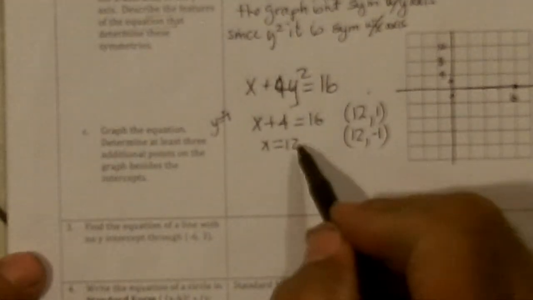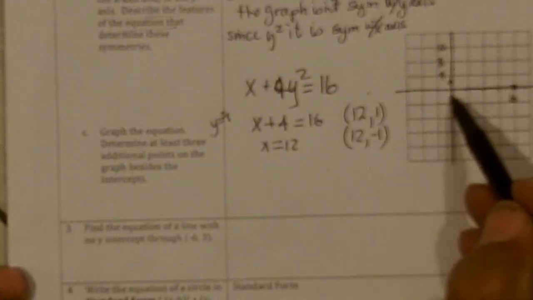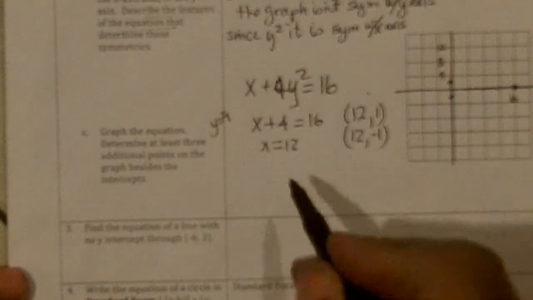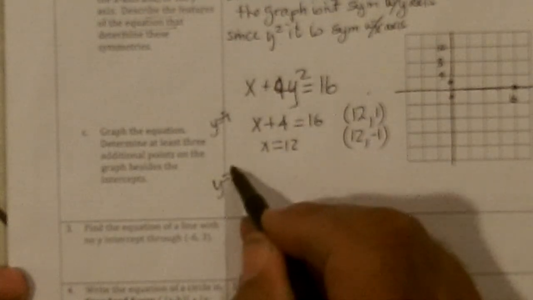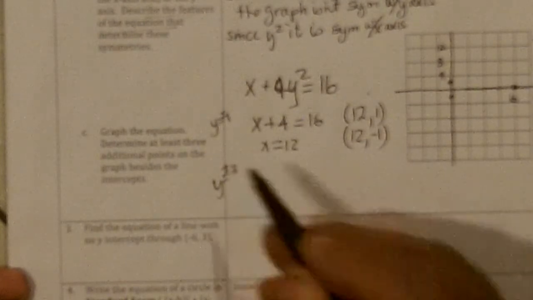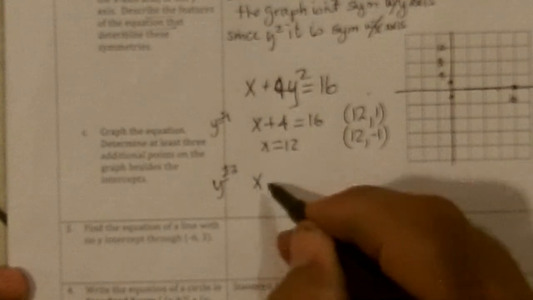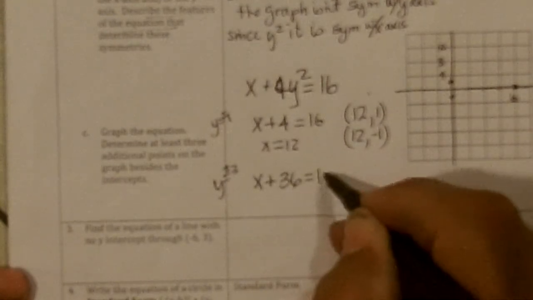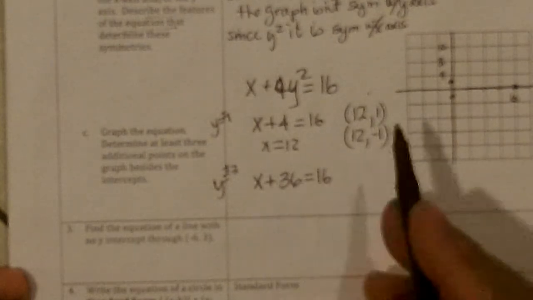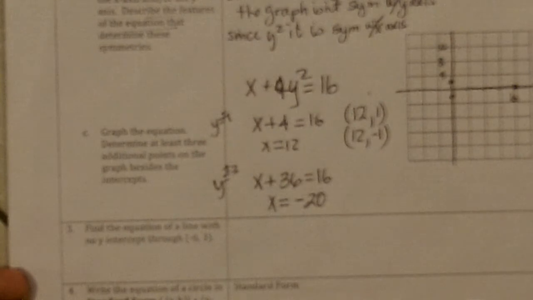Now let's put in 3. We already did 2 for y. So if I put 3 in there, or minus 3, this becomes 9 times 4, 36. So I get x plus 36 equals 16. Subtract 36 and I get x equals negative 20.